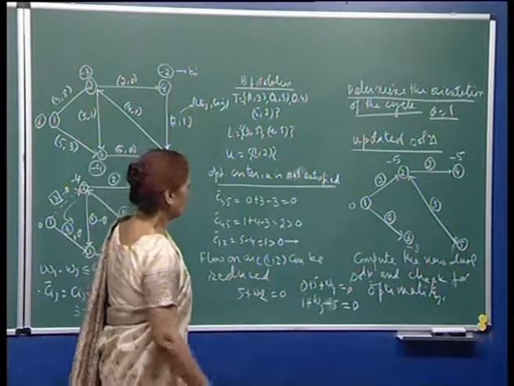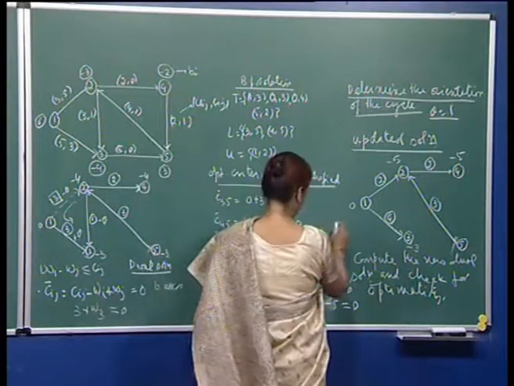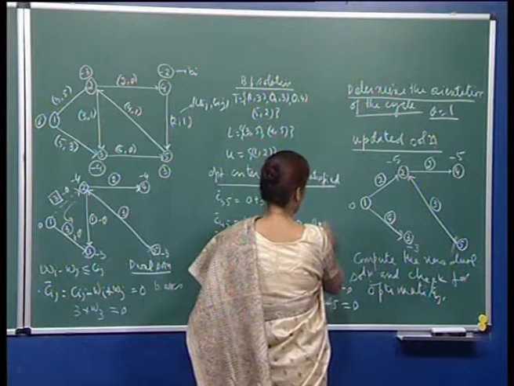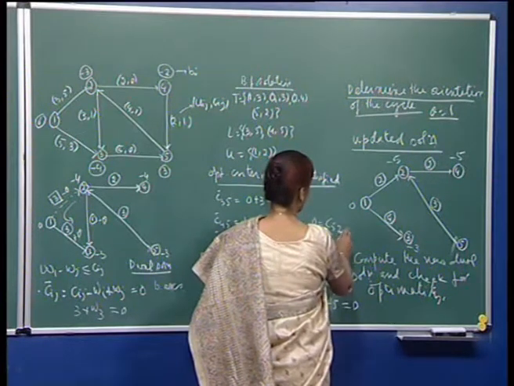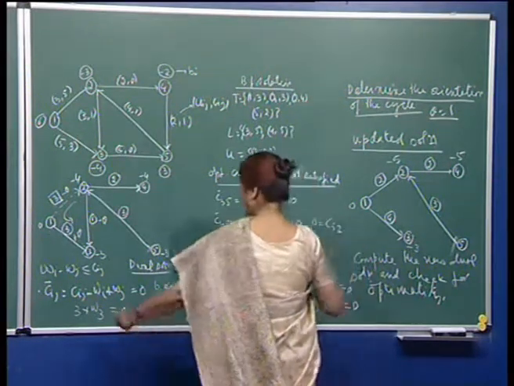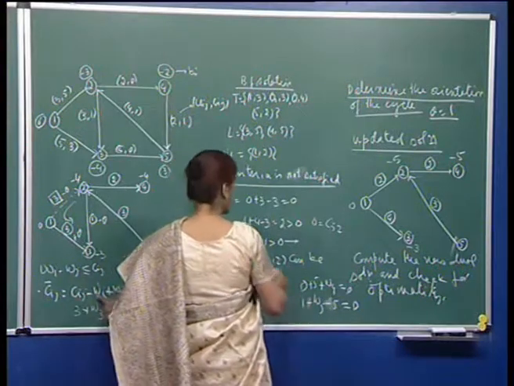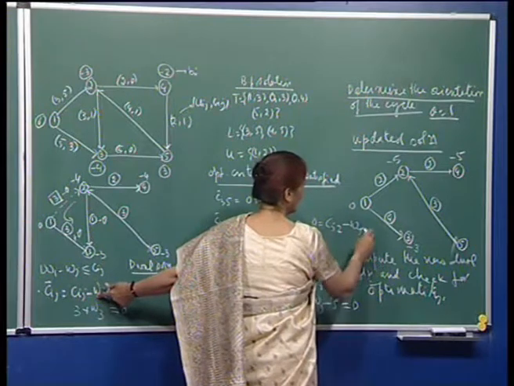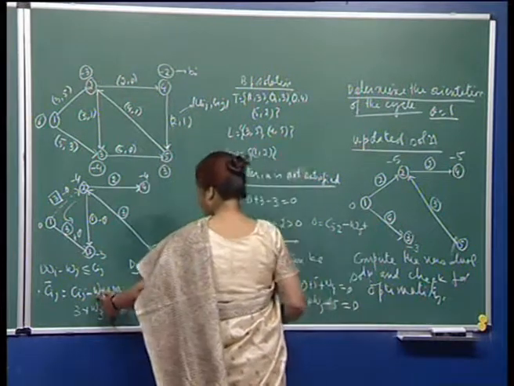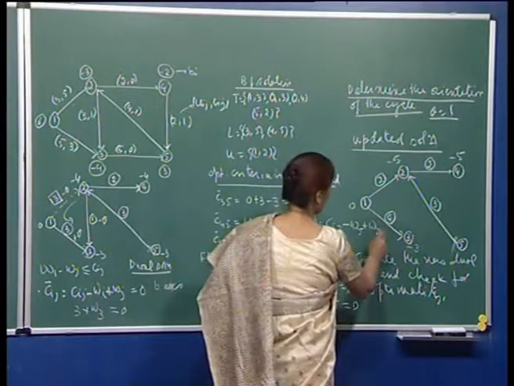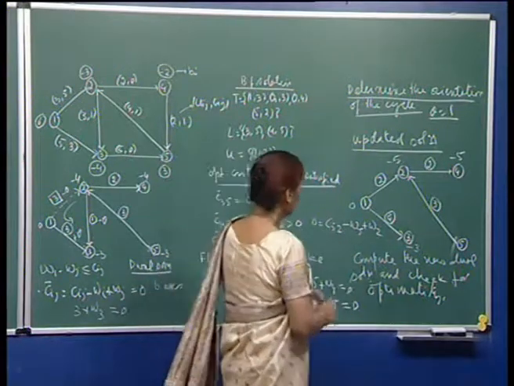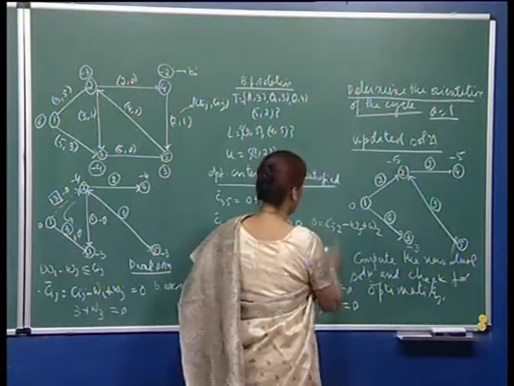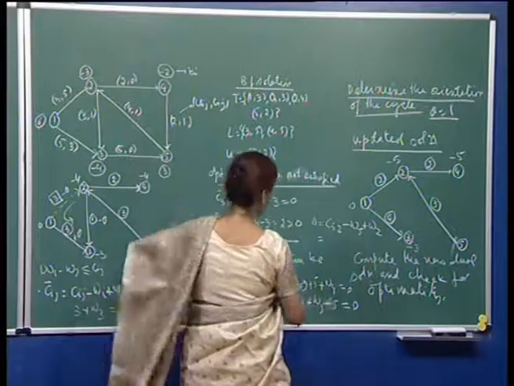Hold on, what do I want to write down here? See, I want to say that 0 is equal to C52, and then this becomes minus W5 plus W2, right. So, W2 is equal to minus 5, C52 is equal to how much? C52 is 1.